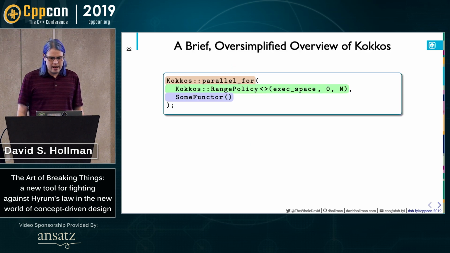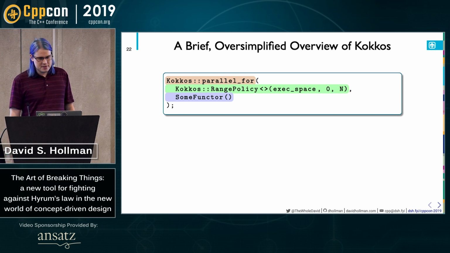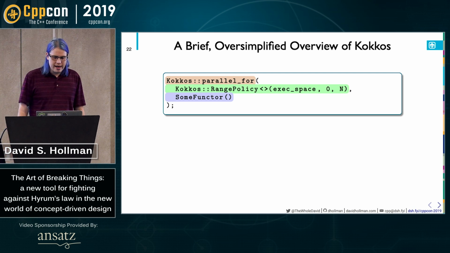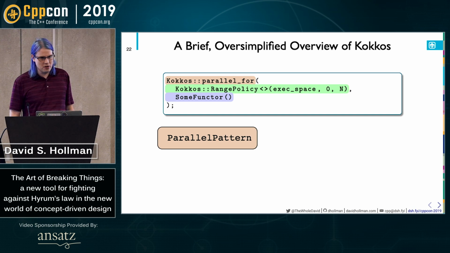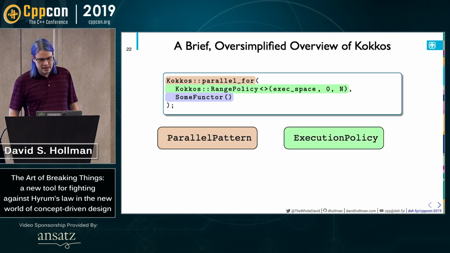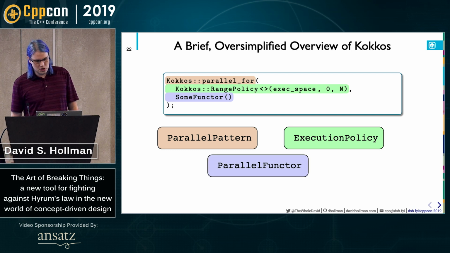So a large part of the rest of the design of Kokkos involves this primary parallelism motif for launching kernels. There's a parallel pattern, in this case it's parallel for. There's an execution policy that tells how and where you're going to execute that pattern. And then there's some user functor, a parallel functor, that describes the actual work.